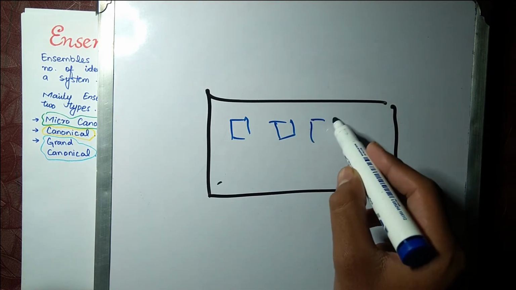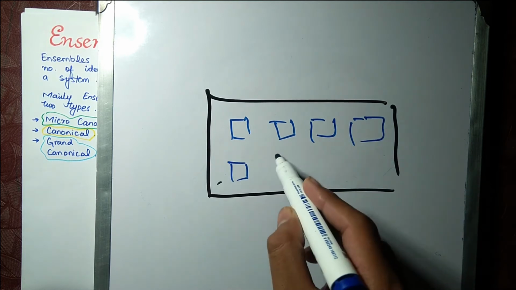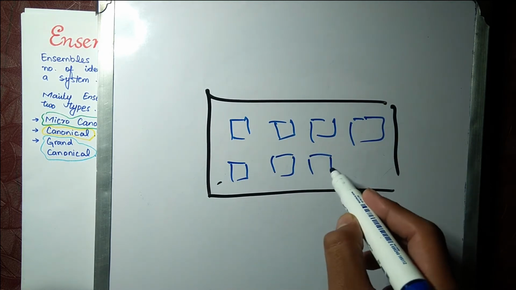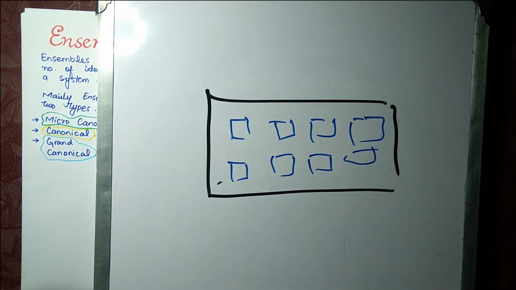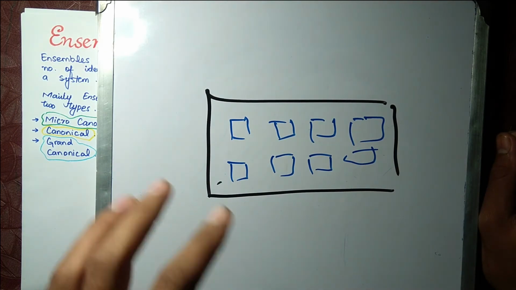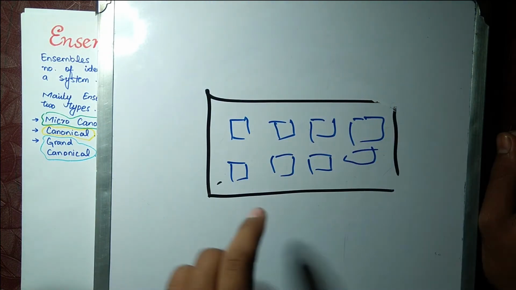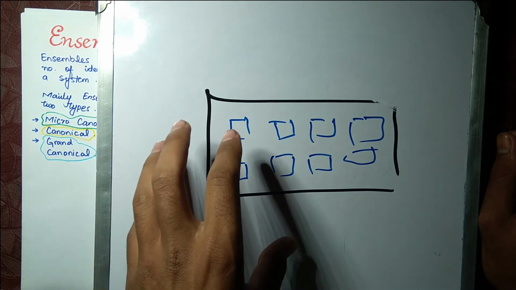We have similar looking chairs, they all are similar. We can use this analogy with an ensemble: the classroom is the whole system, and in this classroom we have subsystems.